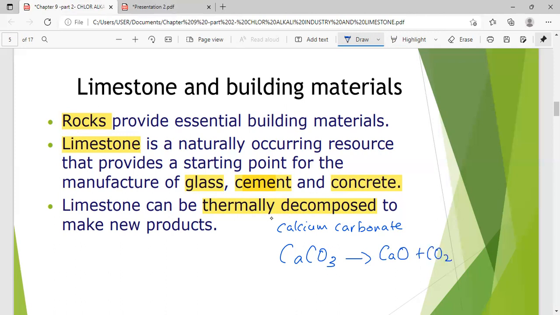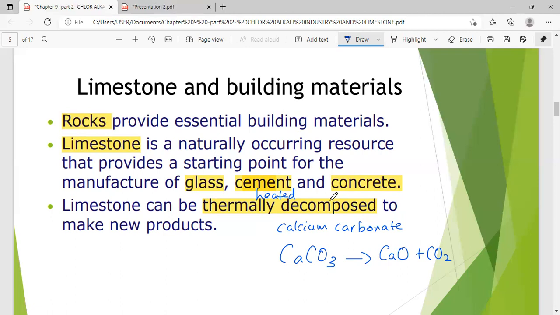Thermally decomposed means it's heated. So when calcium carbonate is heated, you get calcium oxide and carbon dioxide. So the limestone can be used as such, or it can be heated and the calcium oxide can be used. Both ways it has a lot of uses.